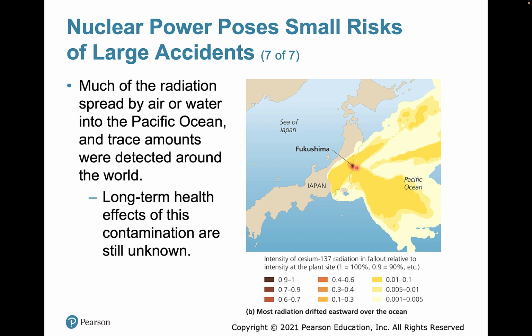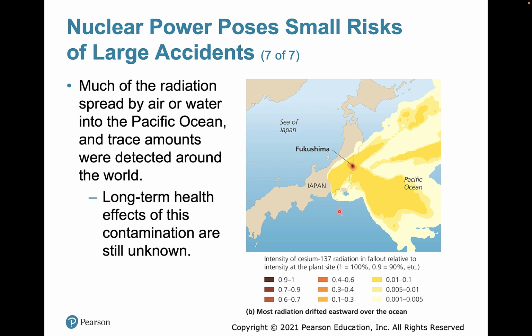So the winds in this area blow from the west to the east. So a lot of the radiation wound up in the ocean. Okay, although you did detect trace amounts around the world. Again, this is the same isotope, so we were able to identify it as it moved throughout the world.